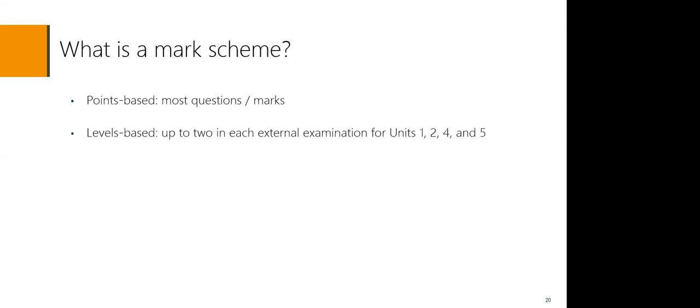In each of the unit 1, 2, 4, and 5 examination papers, there will also be 1 or 2 levels-based questions. The mark schemes for levels-based questions are different, and we will look at an example later. So we're going to look at using the mark scheme. The mark scheme provides the answer for a question.